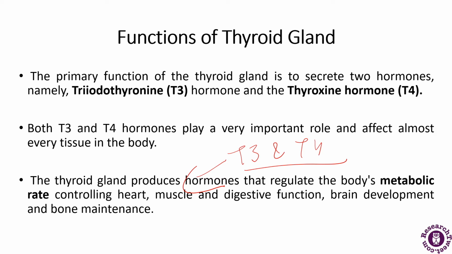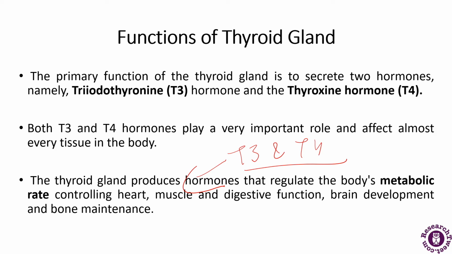Its correct functioning depends on a good supply of iodine from the diet. The cells which produce the thyroid hormone are very specialized in extracting and absorbing iodine from the blood, and incorporating it into the thyroid hormones. So this is the overall functioning of the thyroid gland.